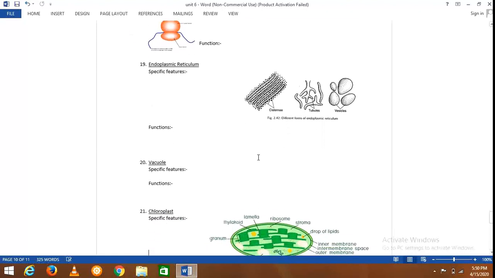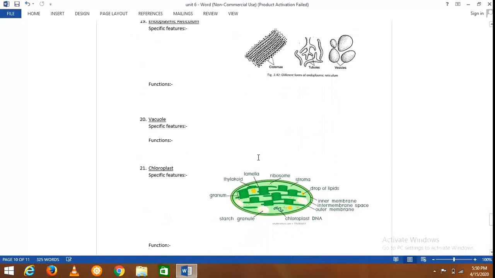Then we are moving on to the vacuole. The specific feature of the vacuole is it is a large organelle filled with a fluid. You learned that the outermost cover of this vacuole is the tonoplast, and the liquid filled is known as the cell sap. This cell sap contains water, sugar, ions and different pigments.